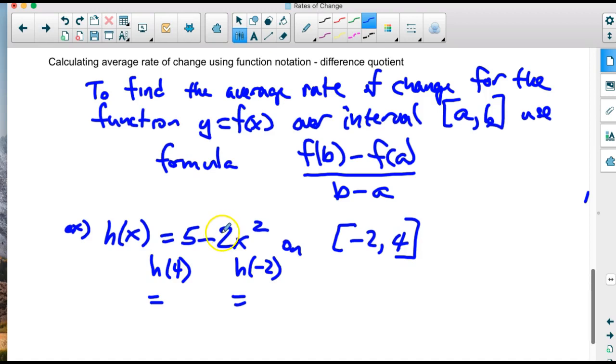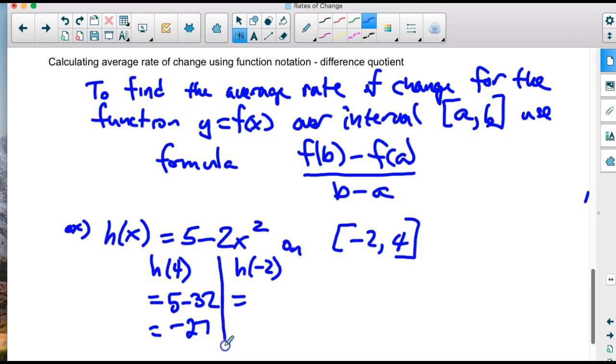And so then we would do 5 minus 32, and that would equal -27. Okay, so that's what h of 4 is. That would be representing f of b for me.